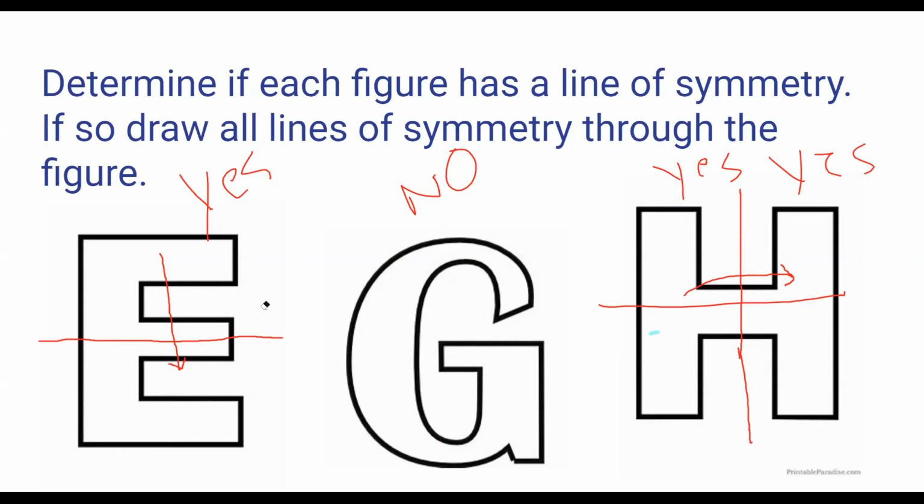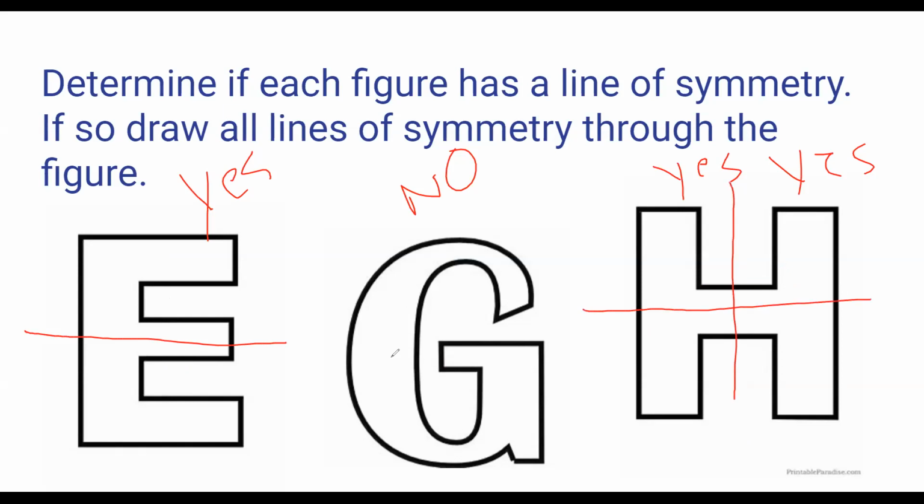So I'm going to erase all the arrows really quick just to show you what you would have in this case. The line of symmetry in the E would be here, and then in the H, it should really be more right here, and then also in half. And then the G wouldn't be symmetrical, so there's no line of symmetry right there.